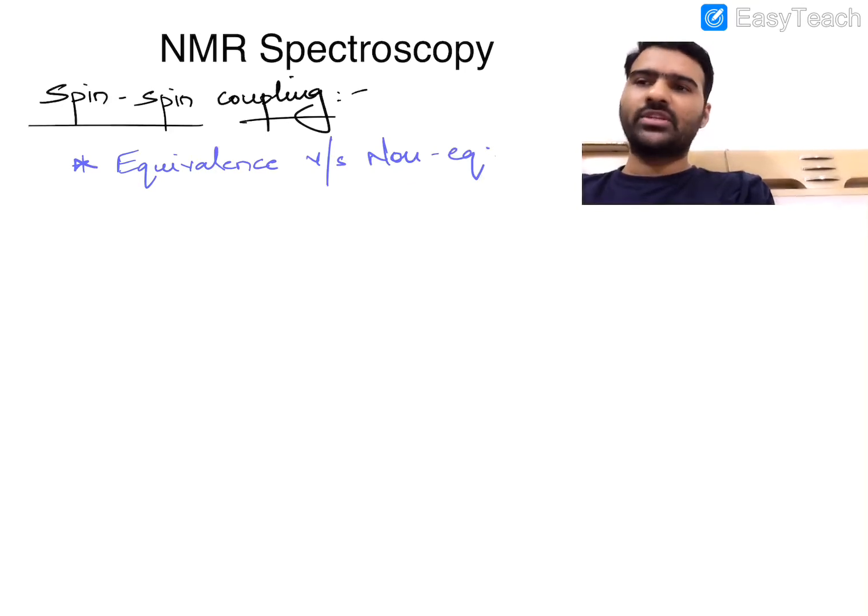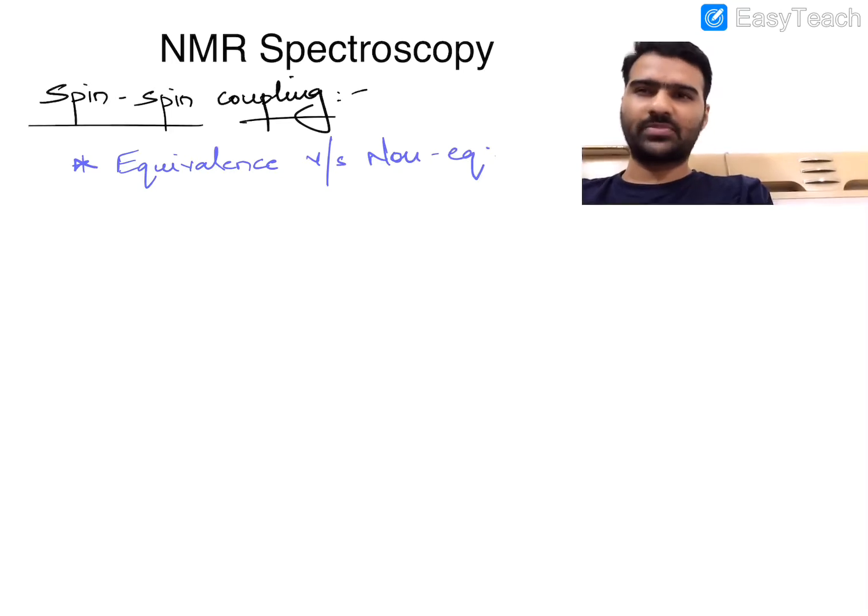So it's important for us to understand that those nuclei which are in identical, localized environments will be termed equivalent nuclei, and those nuclei which are not in identical environments, where there is some difference in the environment with respect to the electronics and the magnetism involved around the nuclei, are called non-equivalent nuclei.